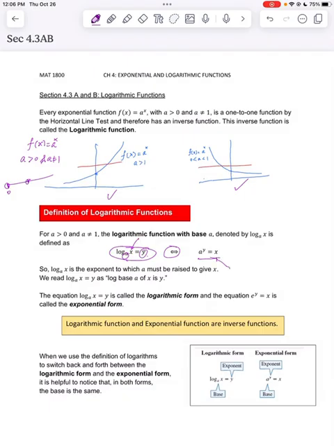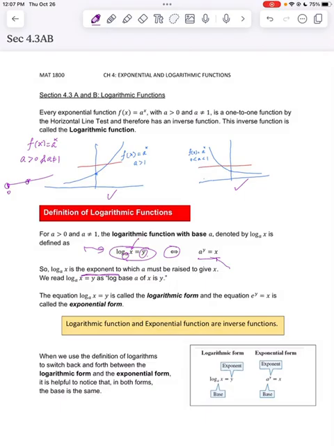So this is the exponential function, and this is the logarithmic function. Log base a of x is the exponent. This is what you can notice: log base a of x is the exponent to which a must be raised to give us x.